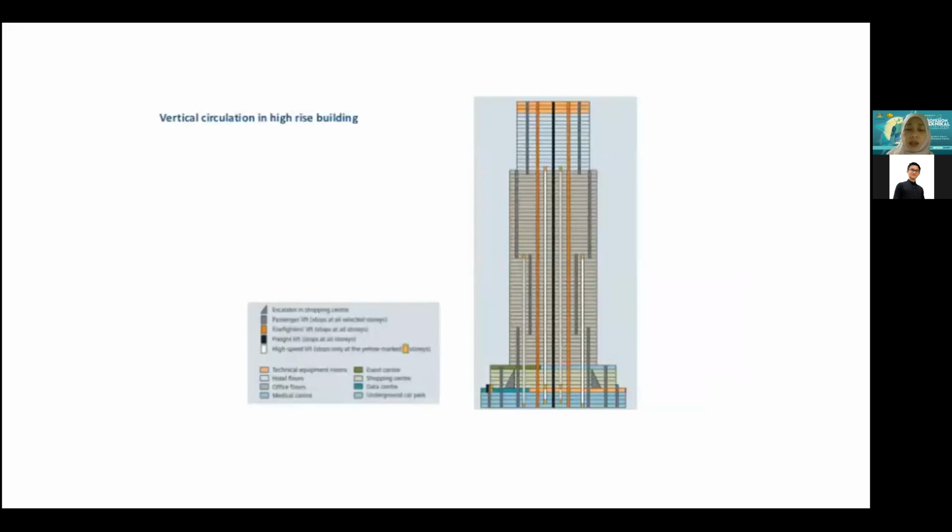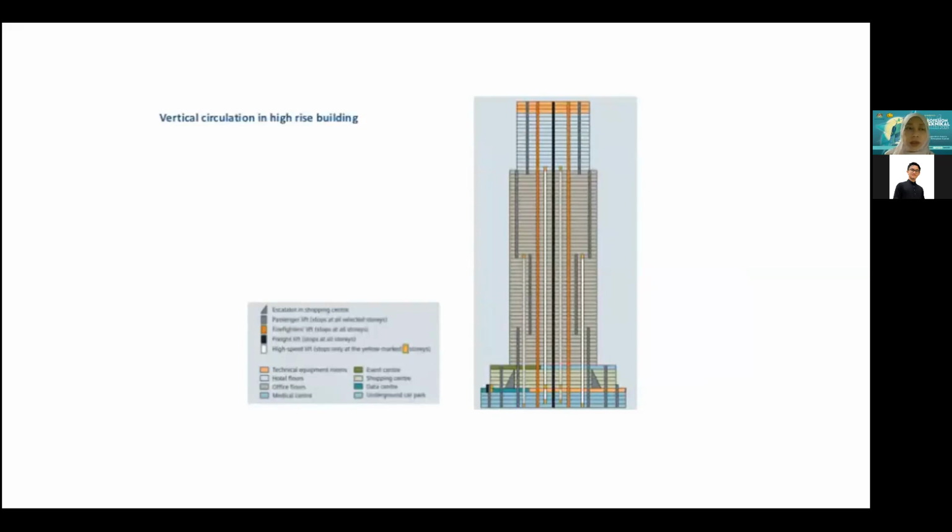Vertical circulation means how you want to arrange the lift system, because the building is too high, so they have to make a separation. That is why in some hotels or high-rise buildings, floors 1 to 20, or 1 to 15, you must use one lift, and stories 16 to 25 you must use another lift. This is because of the pressure and the system of circulation.